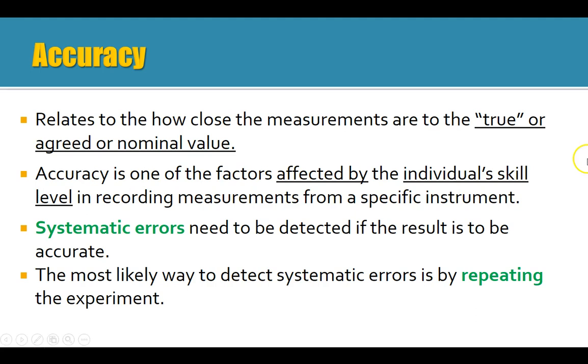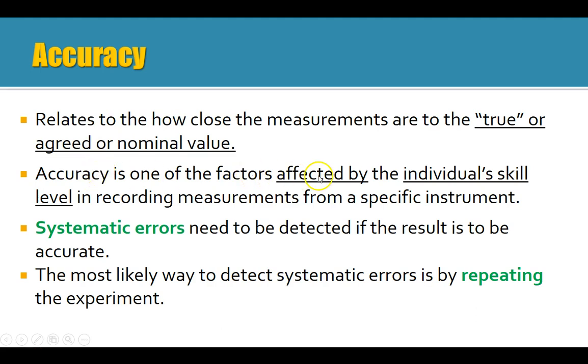So accuracy is the other measurement that we need to take into consideration. Accuracy relates to how close the measurements are to the true value or agreed value in an experiment. So the results that you produce, how close are they to what you expect to see?